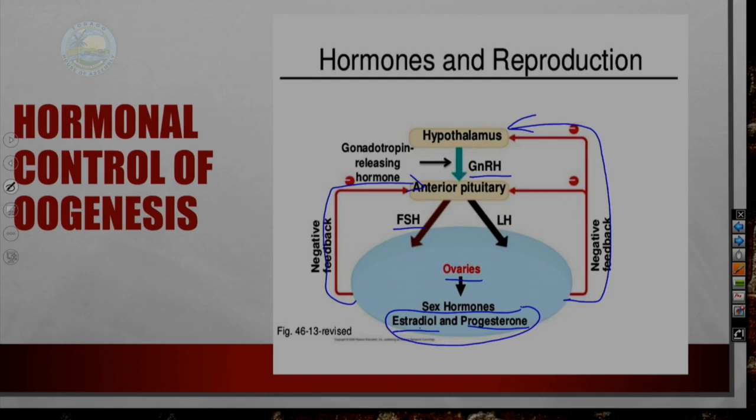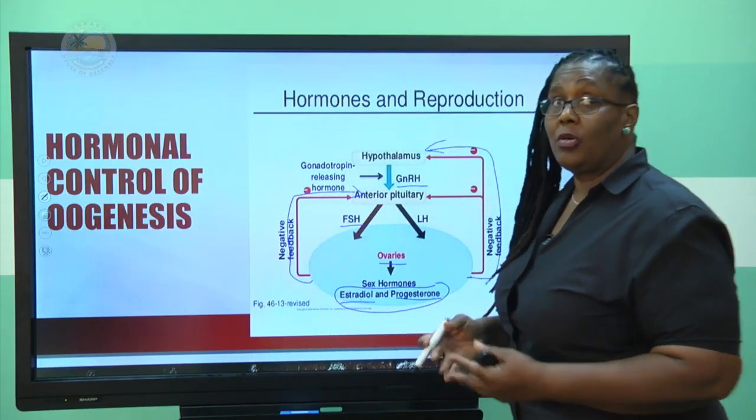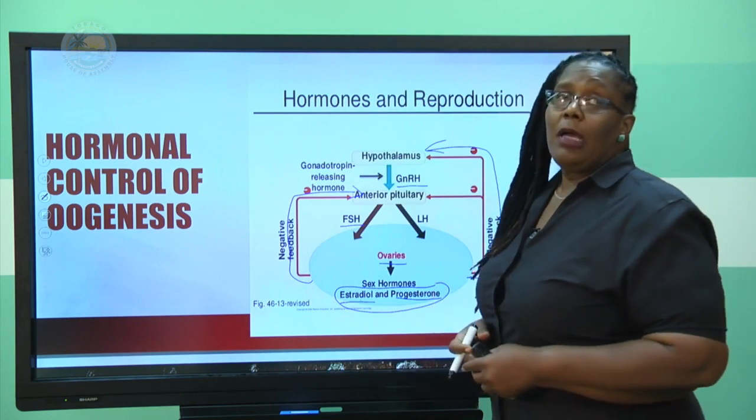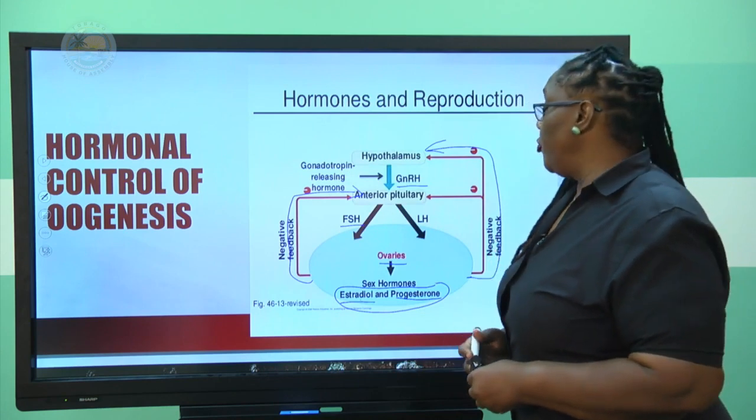What does that mean? If you cannot get this occurring, then you cannot produce a secondary oocyte. You cannot have the process of oogenesis continuing, and so you will not have a secondary oocyte being released during ovulation.